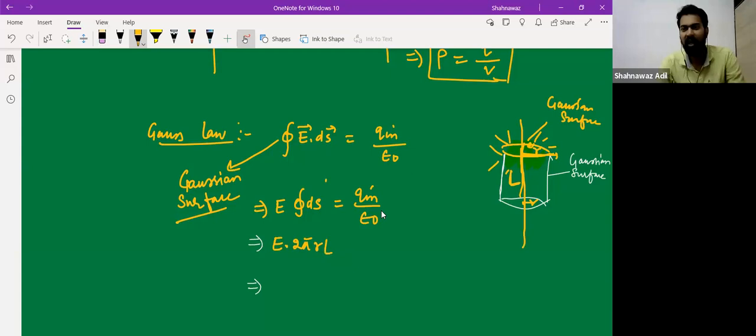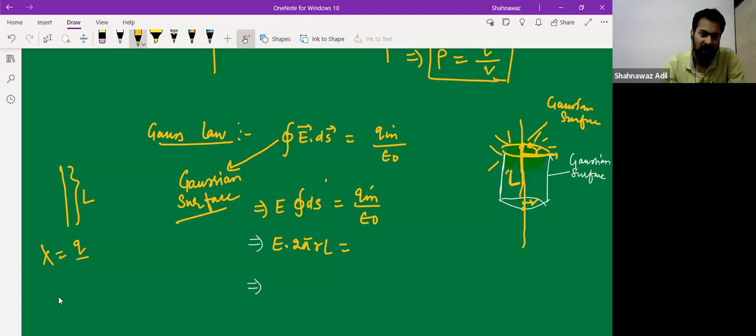Up to this much, this is the length L. And the charge density lambda is Q by L, so up to this length Q will be lambda L. Am I correct? Yes, so this would be lambda L by epsilon naught.